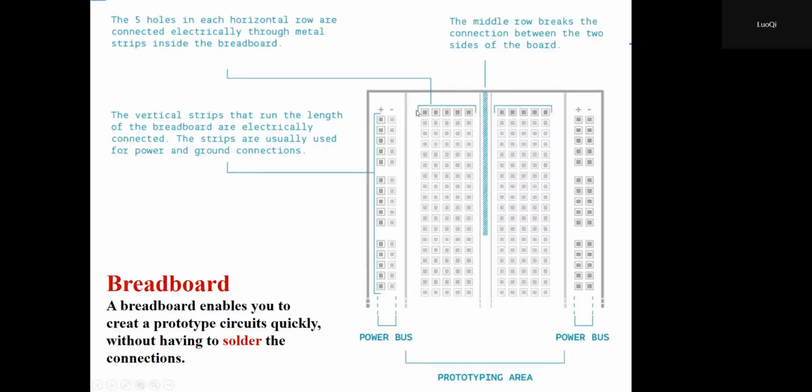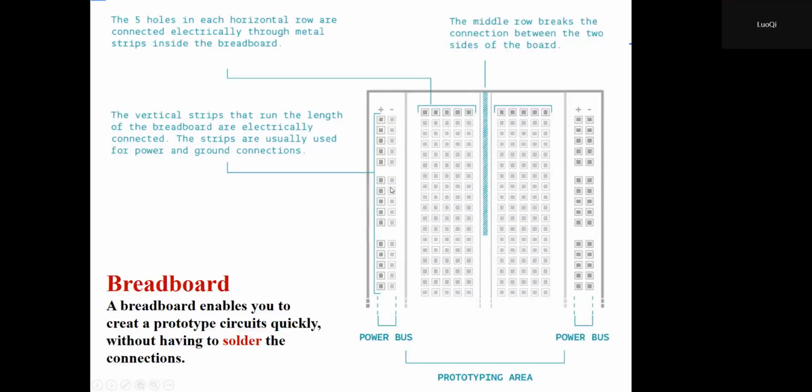The five holes in each horizontal row are connected electrically through metal clips inside the board. And the vertical strips that run the length of the breadboard are electrically connected.